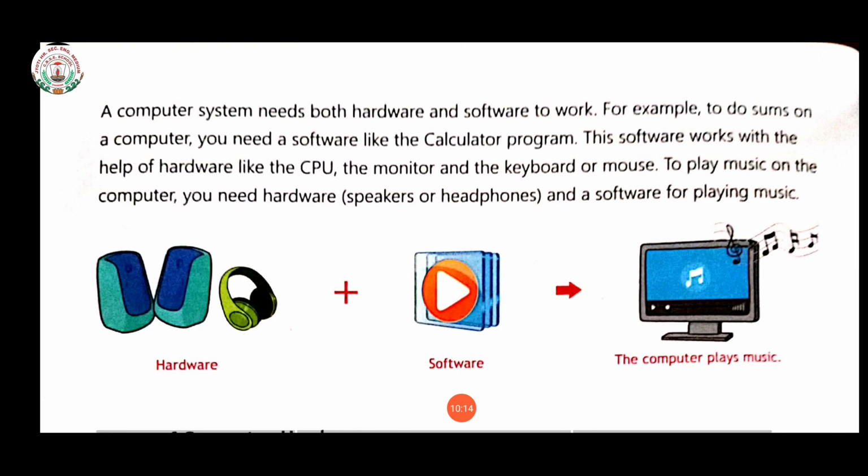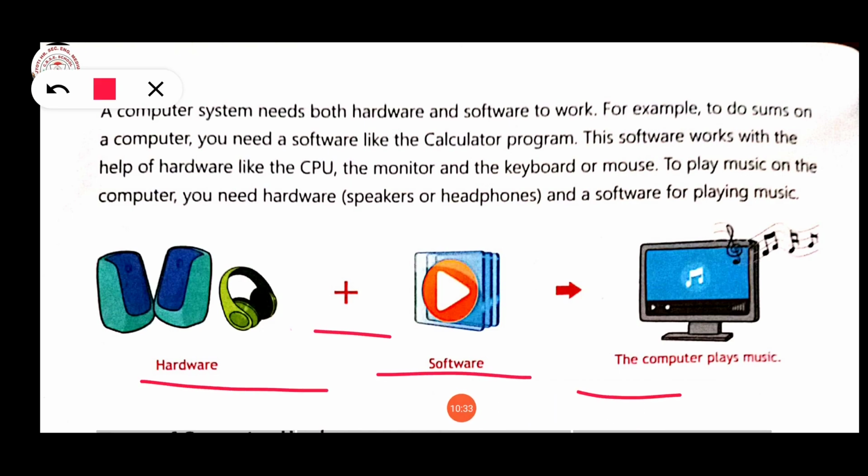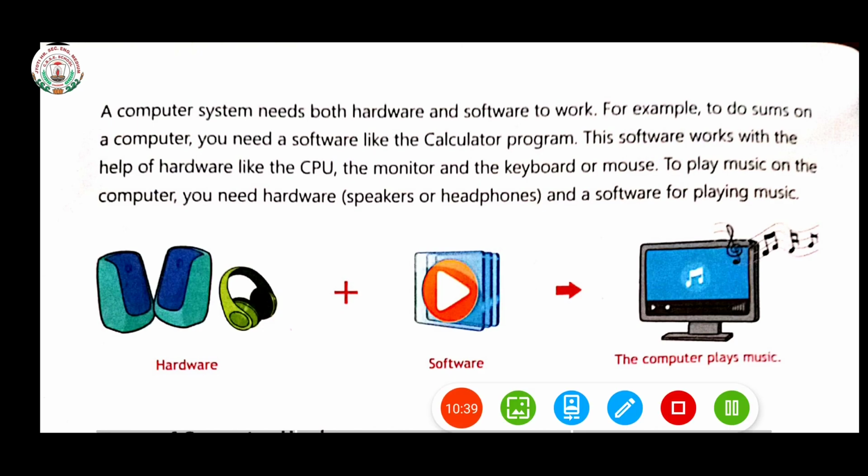Same way, to play music on the computer, we need hardware, that is headphone or speaker to listen to the music, and software for playing music. Here it is given, hardware plus software make the computer play music. Okay, that is your computer system.